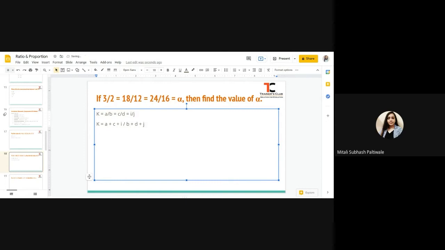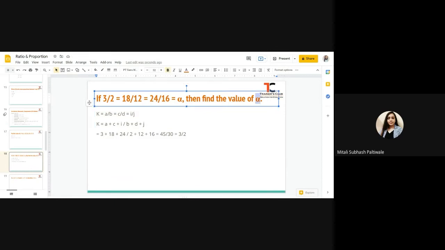Now let's put in the values: 3 plus 18 plus 24 divided by 2 plus 12 plus 16, which is equal to 45 divided by 30, which is equal to 3 by 2. And that 3 by 2 is nothing but the alpha.